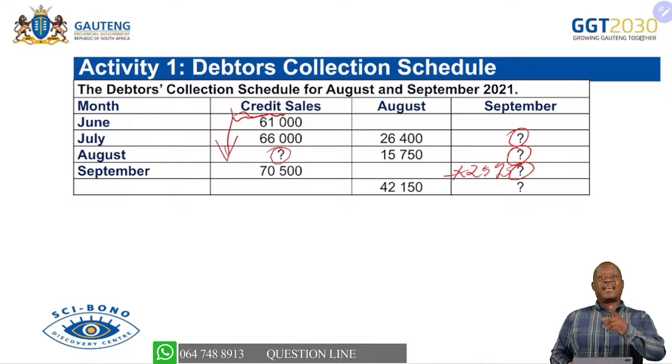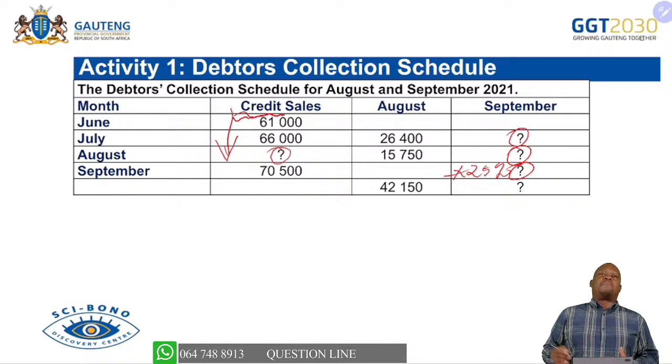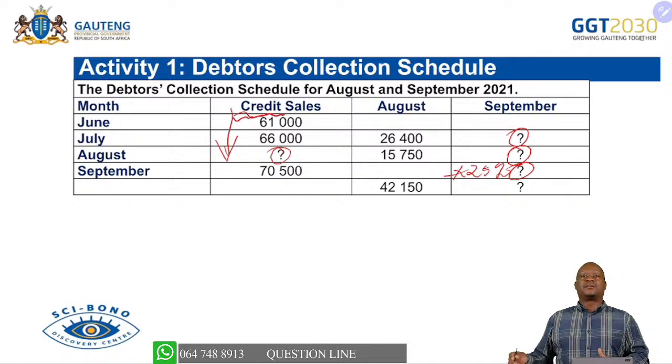And then they are saying 40% is collected in 1 month after the month of sale, which means if we are collecting in September, it should have been sold in the previous month. Sold in August to be collected in September.